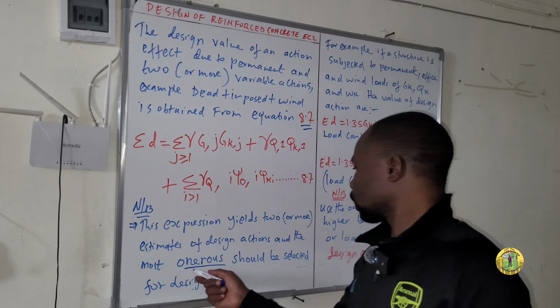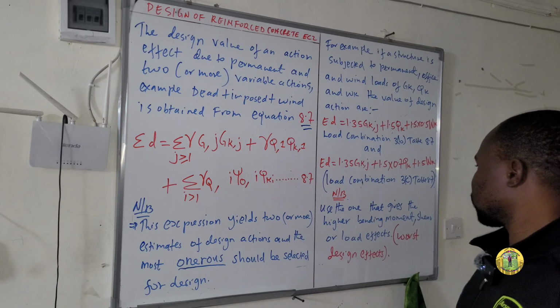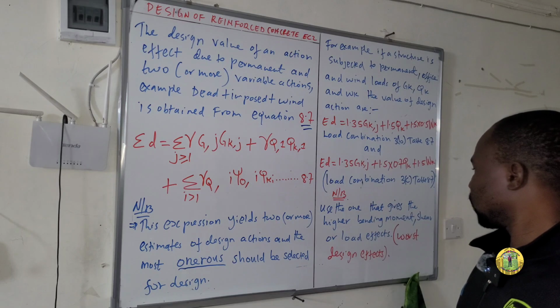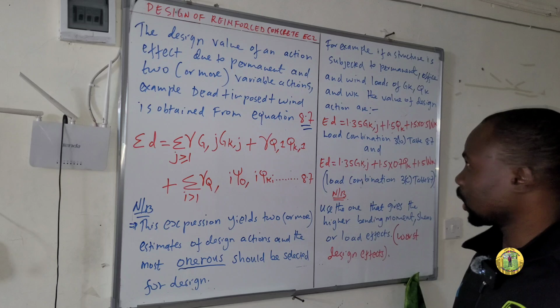Onerous means the one which has the highest effect on the structure, the worst design effect, and it should be selected for design.